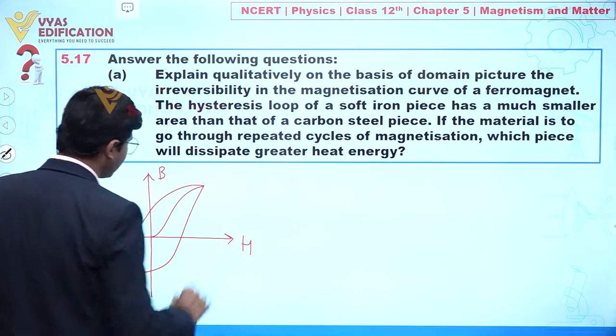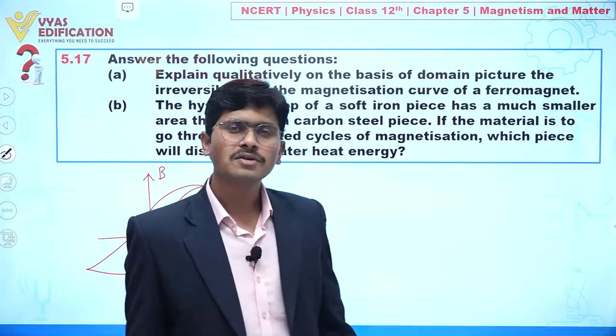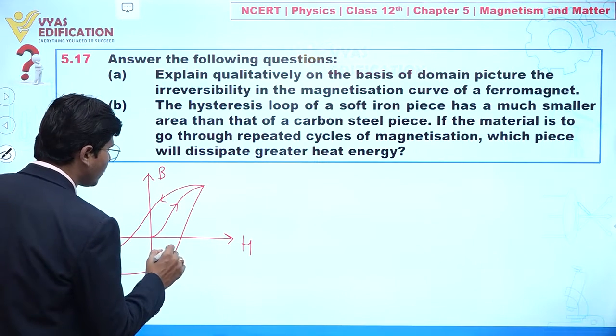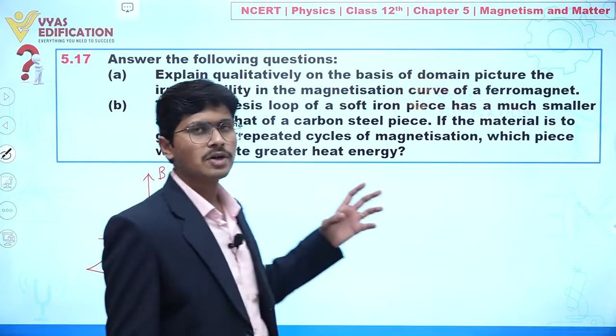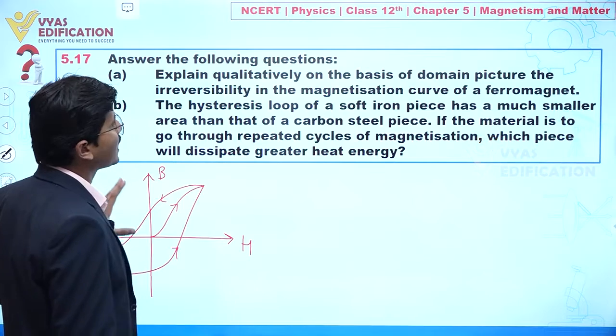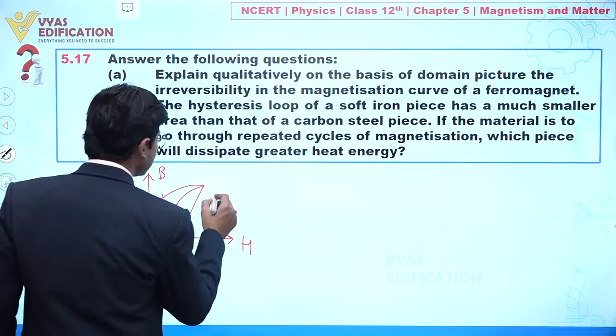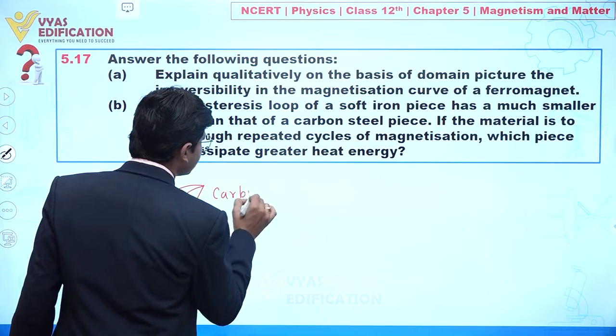If we draw this BH curve for two different magnetic materials, first I am drawing it for the soft iron piece, and the second one I am drawing for the carbon steel. So let's suppose this is the diagram for carbon steel.